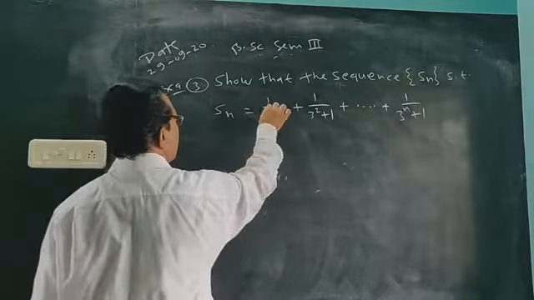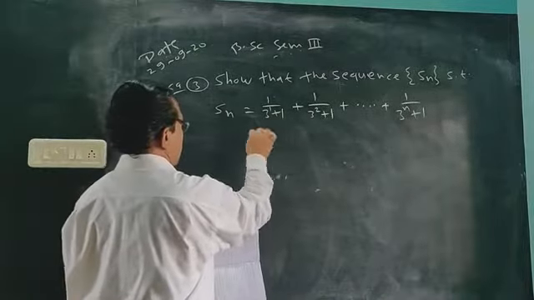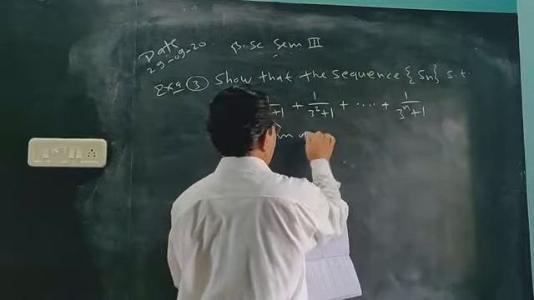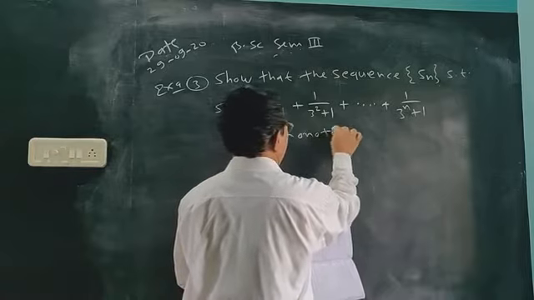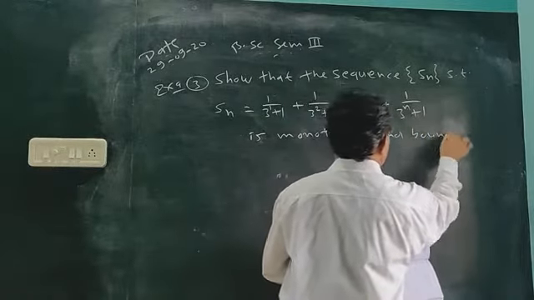Okay, 3 raised to power 1 plus 1, 2 plus 1, 3 plus 1. Okay, this is monotonic and bounded both. That means convergent.